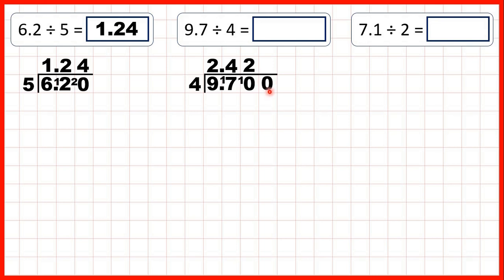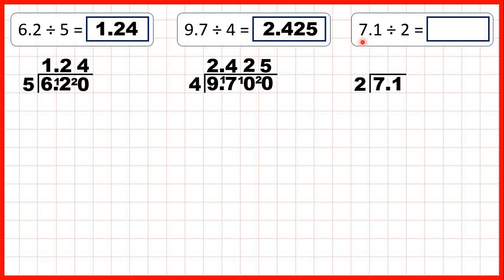So we need another 0, so another digit to write our remainder in front of. And we can do this because 9.700 is the same as 9.7, so we haven't changed the question, but now 20 divided by 4 is 5, so our answer is 2.425.